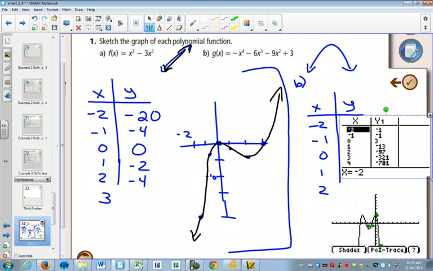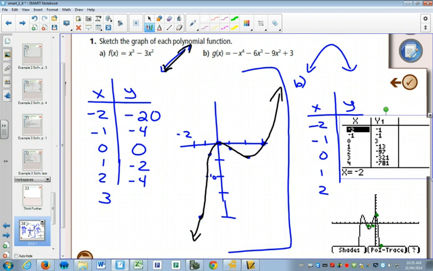Notice if I had just these 4 points, that it wouldn't have been enough to get an idea for the shape of the graph. So I might need a few more. But again, I wouldn't know how low to go or how high my graph will go. So if you have your graphing calculator, you can see the entire graph. And if you have your graphing calculator, you're going to see the different values and see what the graph actually looks like.